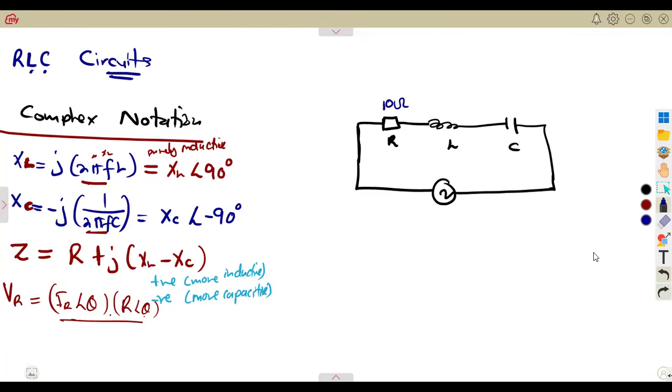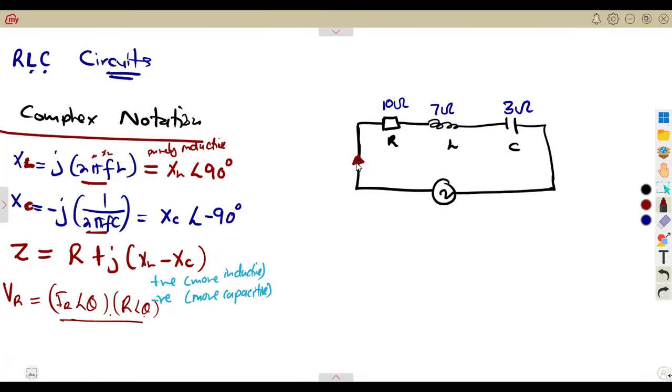They are not going to write XL. They will just write here 7 ohms, and here 3 ohms. You're supposed to know what you are given. This is not millihenries, it's ohms: the reactance of the inductor and the reactance of the capacitor.